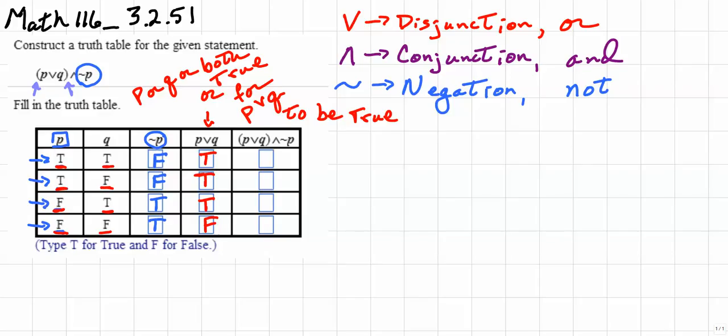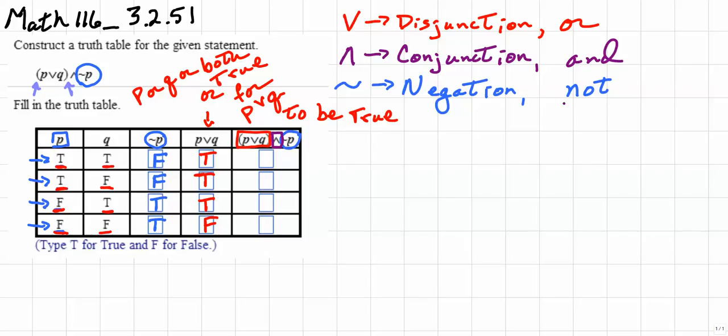Now you'll notice that we have the P or Q taken care of, and we have the not P taken care of, which means that brings us to the conjunction and. So this is an and.